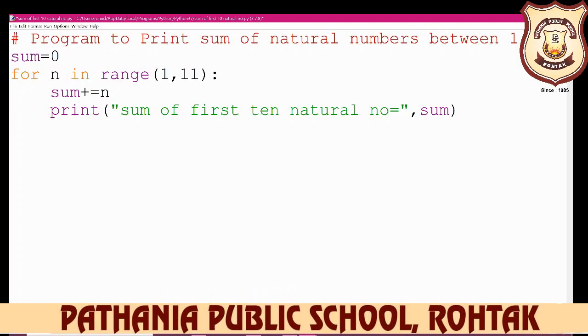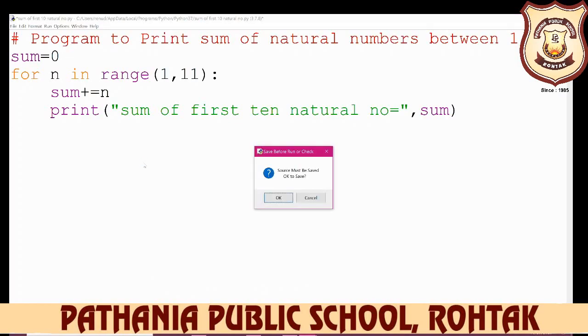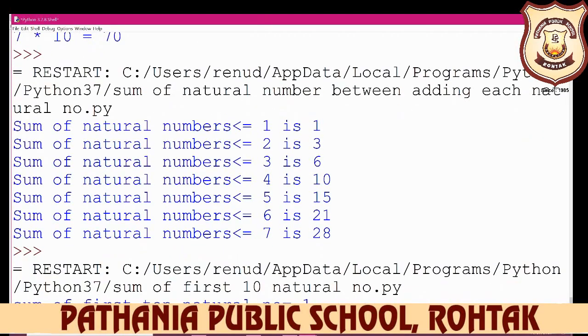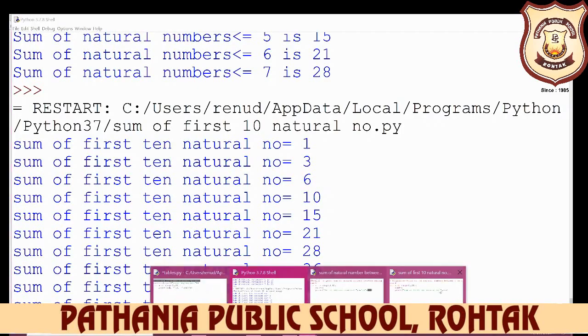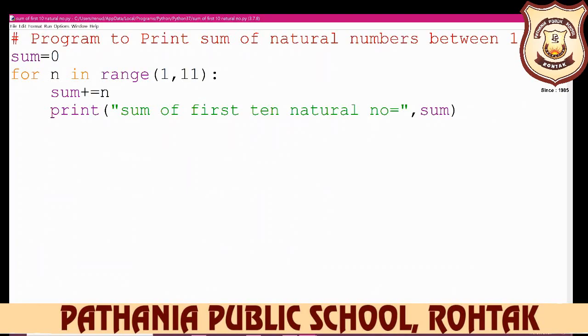So see the indentation implementation also. You see the same result as above; your first program will be displayed. First 10 natural numbers sum is equal to 1, 3, and so on, but we want only the answer 55. So what we do here: again open this program, and now see the indentation difference.